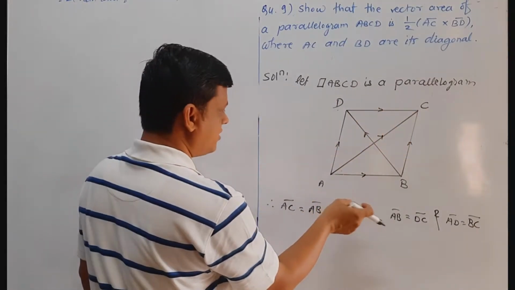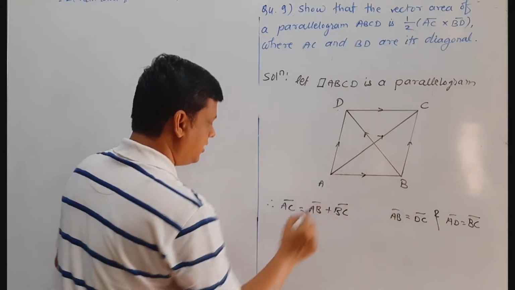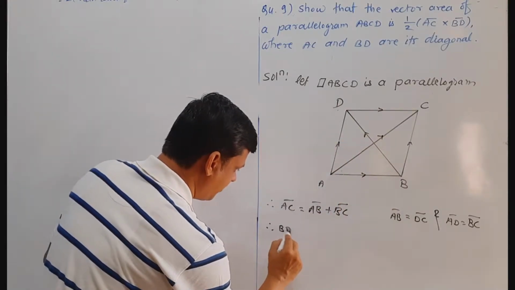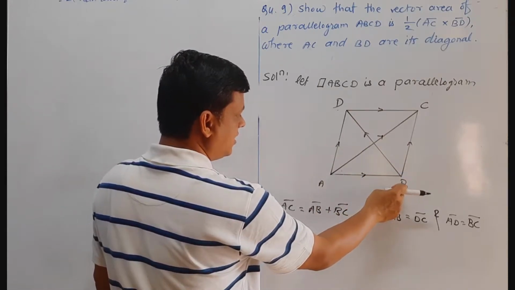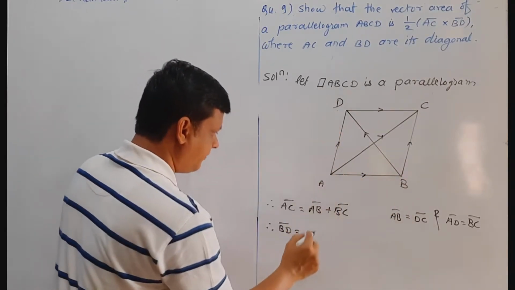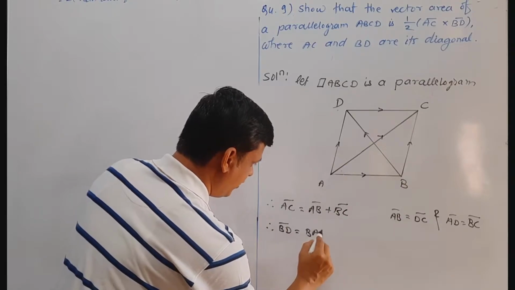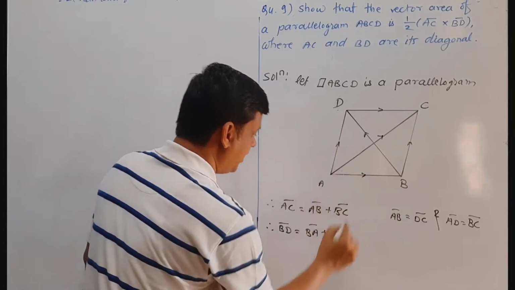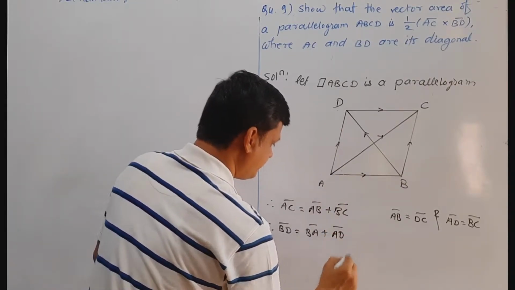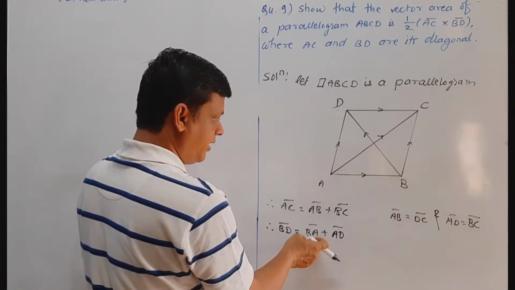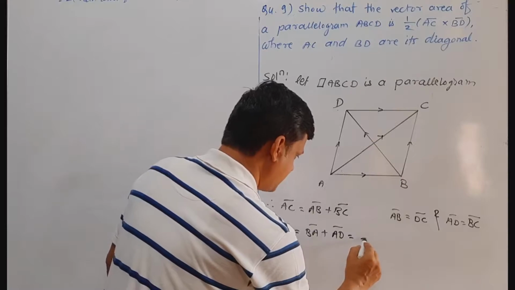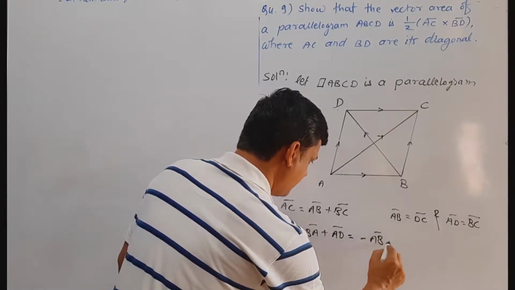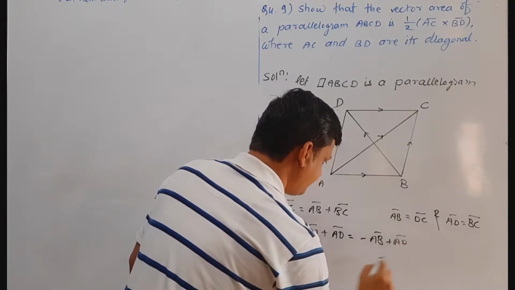Now see, the next diagonal is BD. Therefore vector BD is equal to vector BA plus vector AD. This vector BA can be written as minus vector AB. So we write this as minus vector AB plus vector AD.